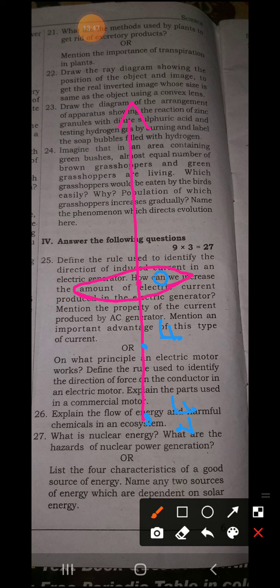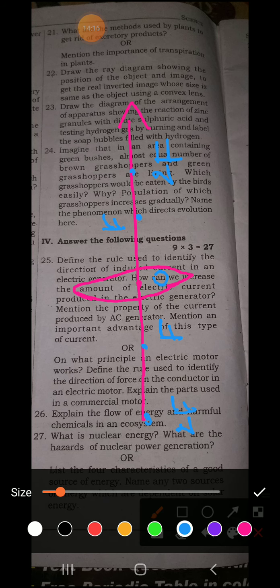2F, and on the image side also, this is F, this is 2F.